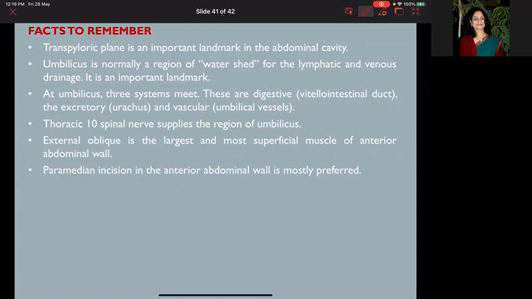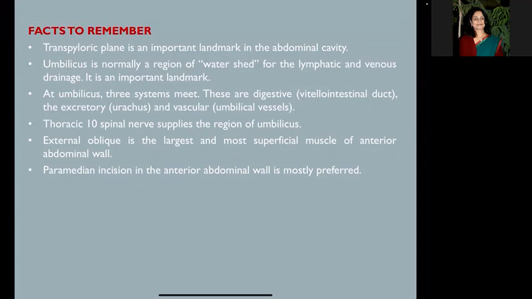We get questions on the superficial fascia, the fascia of the anterior abdominal wall. We get questions again, the vessels and nerves of the superficial fascia are important. I think this was about today's class.